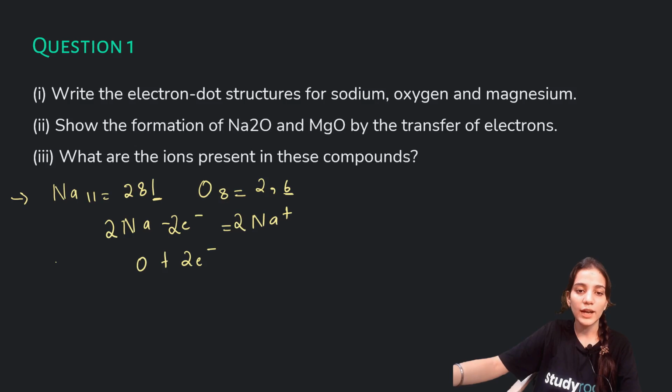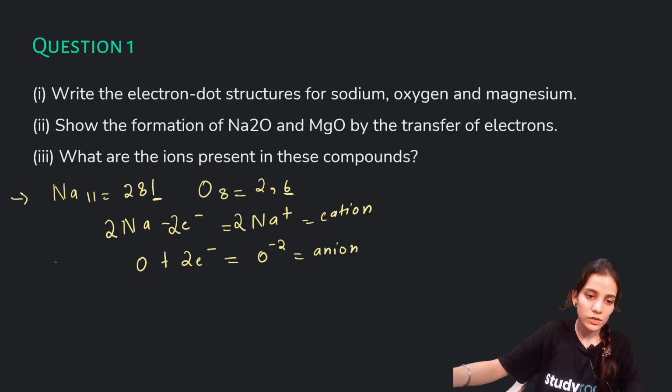Now we have 2 cations of Na. Oxygen has to gain 2 electrons, so it will become O2-. This is an anion and this is a cation.